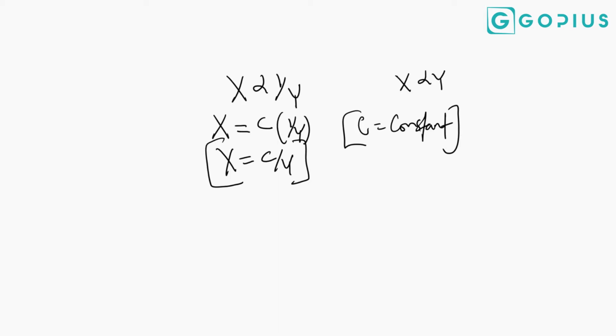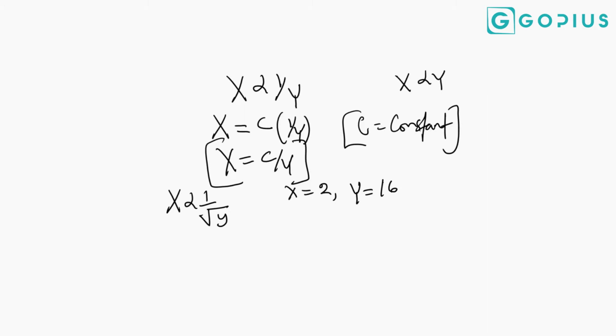A typical example can be something like: if x varies inversely as the square root of y, which is written like this, x varies inversely as the square root of y, and maybe x is equal to 2 when y is equal to, let's say, 16 for instance.